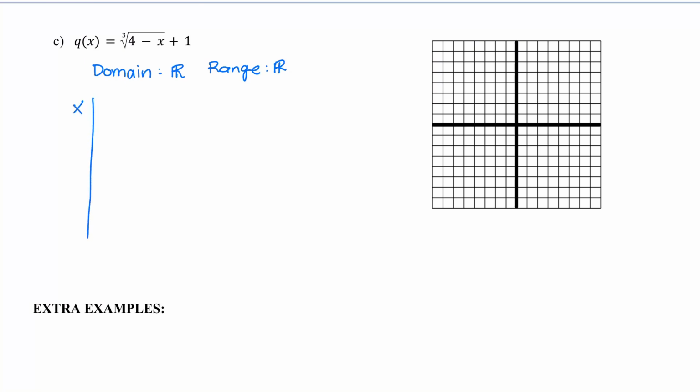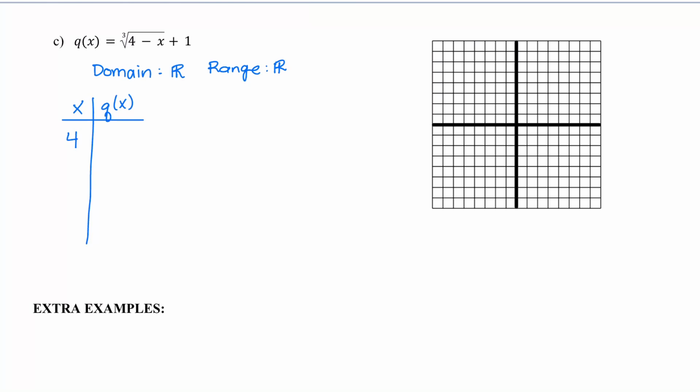And then we plug in some values, which, like our previous examples, we're looking for values that are going to give us perfect cubes underneath the radical. So, if I'm looking for a perfect cube under the radical, I could plug in 4 to get 4 minus 4 is 0.